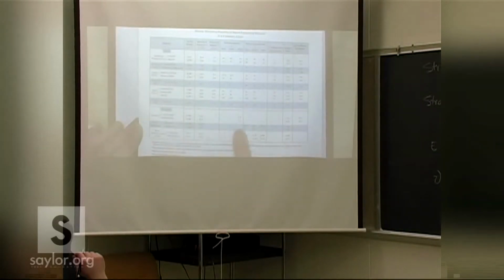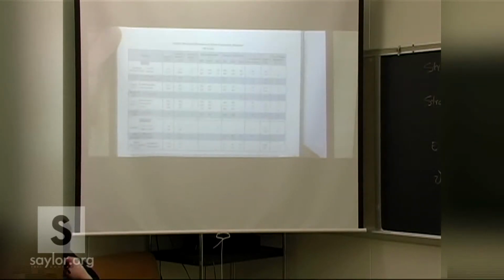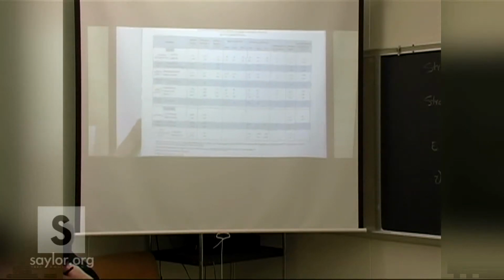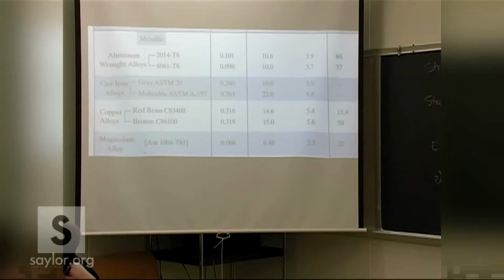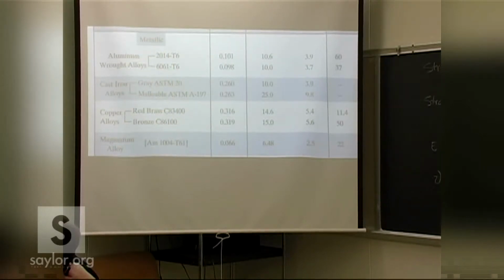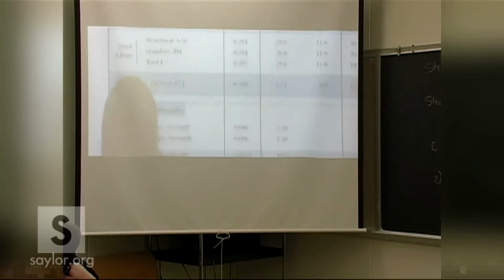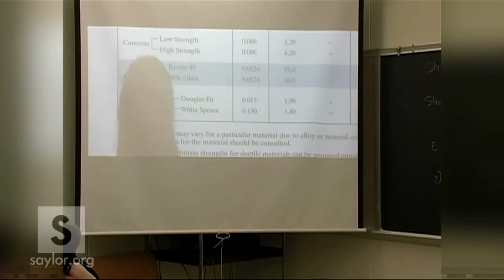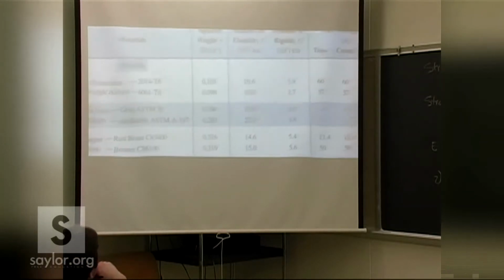We have English units on the first part of the page, and then the very same thing in SI units. Down the side, we have different structural materials: aluminum, copper, cast iron, steel alloys, concrete, plastic, and even wood, different types of wood.